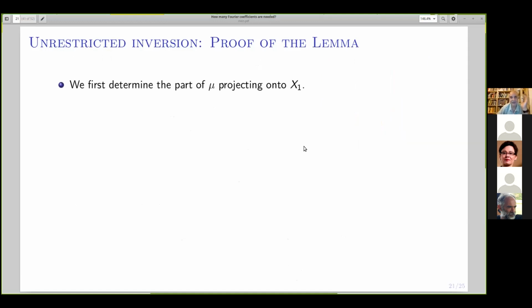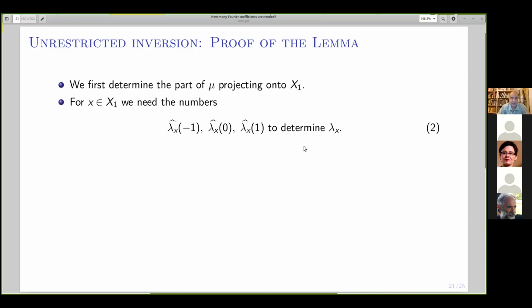Let's first determine the part of mu sitting over X1. We know where X1 is, and we're going to find those measures sitting over X1. So for X1, since X1 means that we have a point x with just one mass sitting over it, just one. These numbers, again by the one-dimensional results, are enough to determine lambda x if x is in X1, because it's just one point.